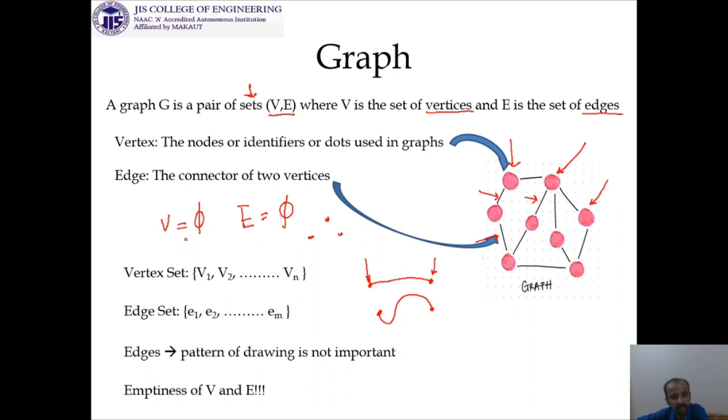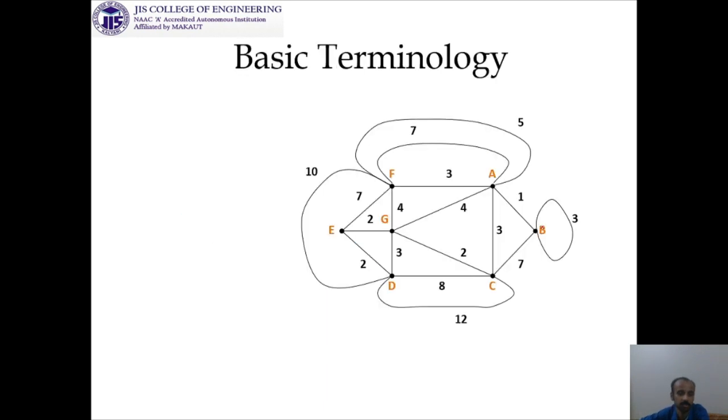But if the vertex set is a null set, there is no vertex, and if there is no vertex, there is no question of any edges appearing. So there is no vertex and no edge, which means there is no graph. So E can be empty, but the vertex set cannot.